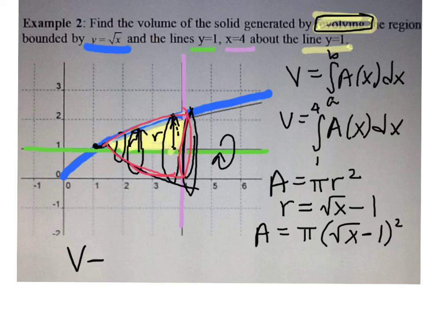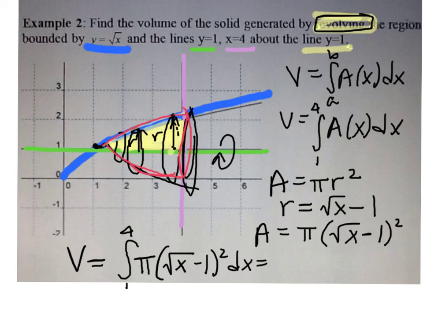Okay, so I can change my volume now. It's going to be the integral from 1 to 4 of pi r squared. And again, if you want to pull the pi out to the front and then do the integral, that's absolutely fine.